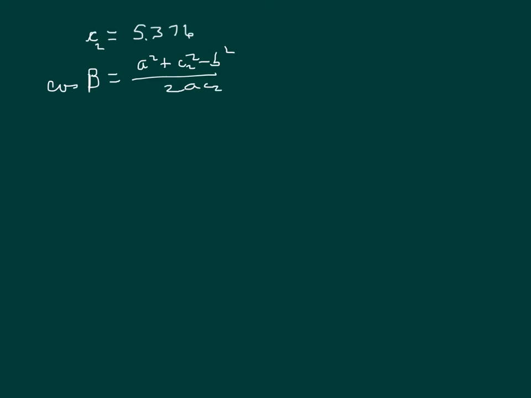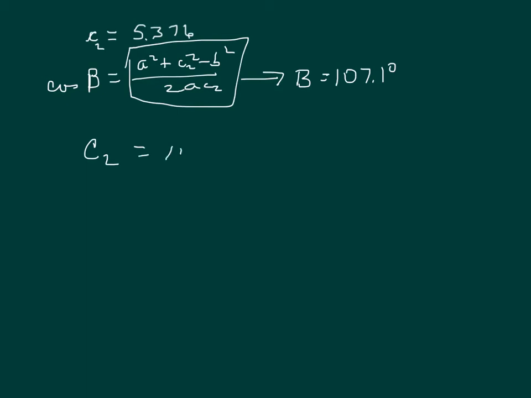If we solve this, we find that the angle B is equal to 107.1 degrees by taking the arc cosine of this quantity. Then in this case, C2 would be 180 degrees minus 107.1 degrees minus 42 degrees, or 30.9 degrees.